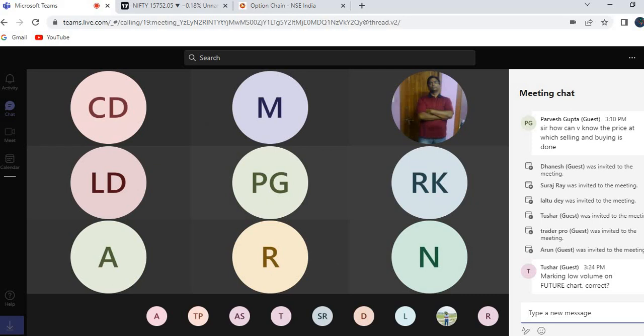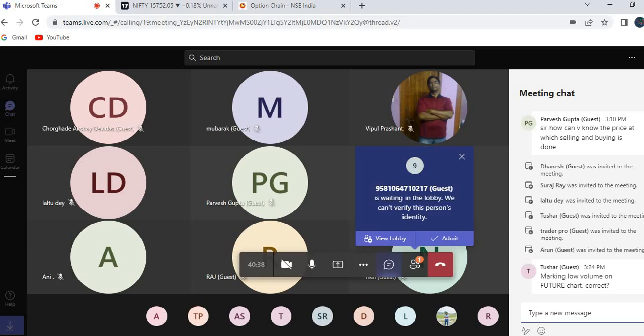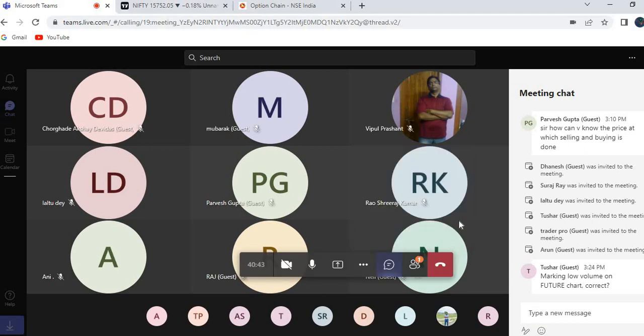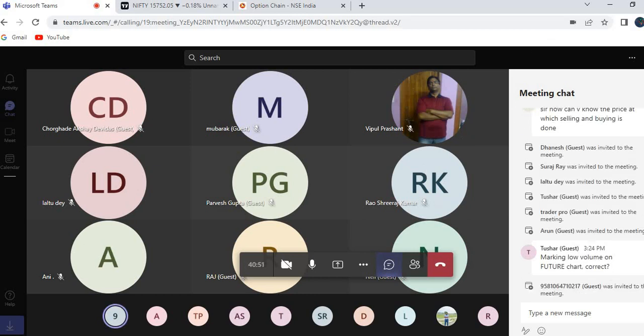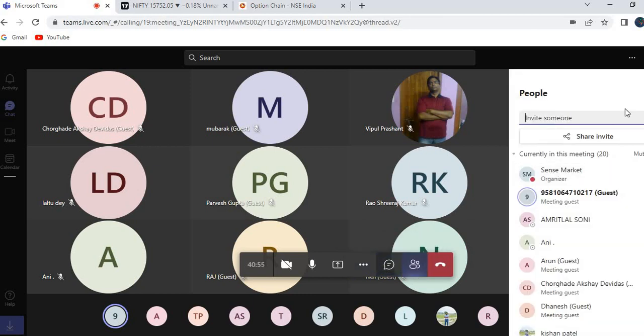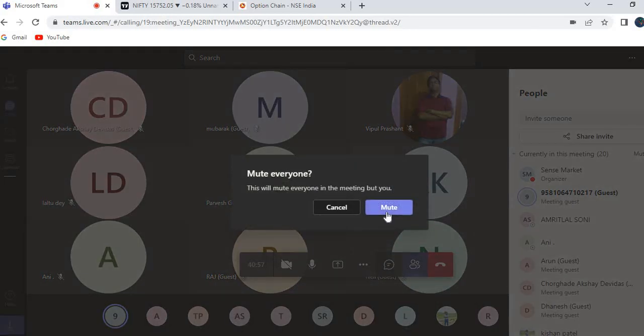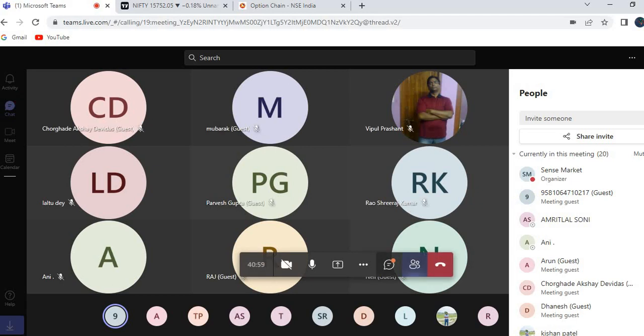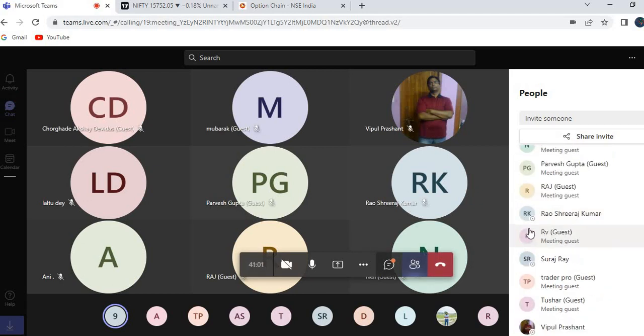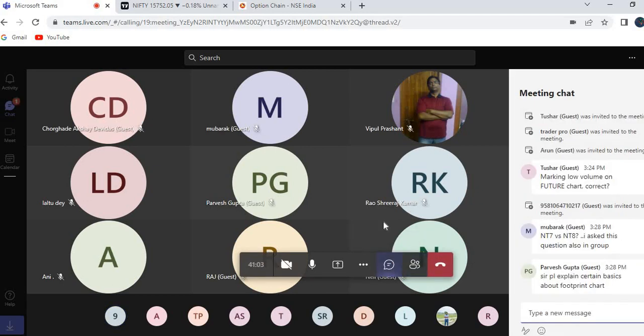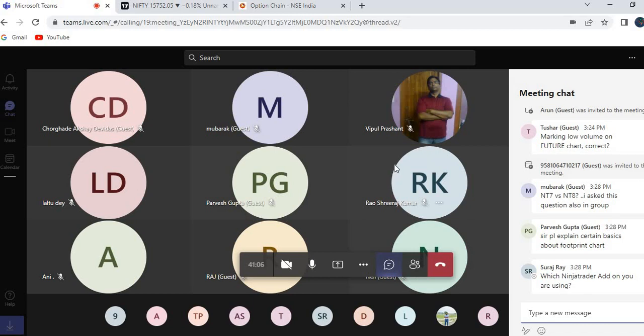Tushar, you have a really good question. You cannot plot the volume chart on spot because spot won't have volume. Please keep it muted, type out your questions, do not unmute. I am here to answer it.